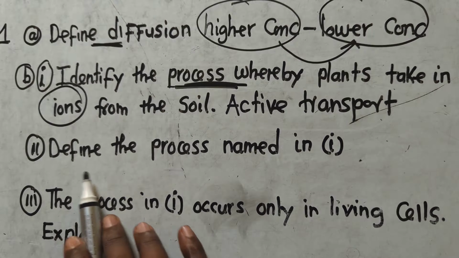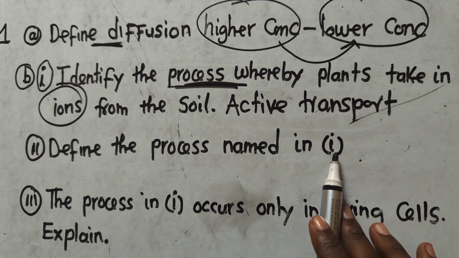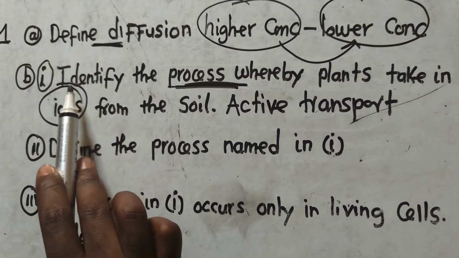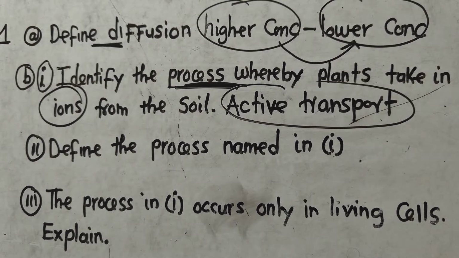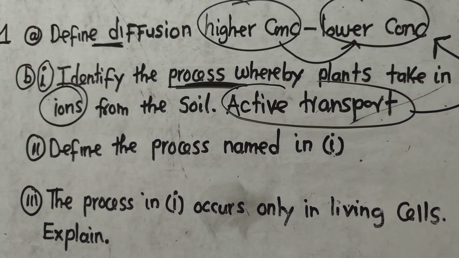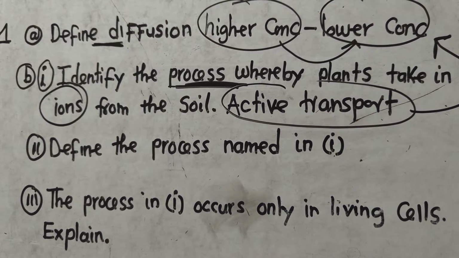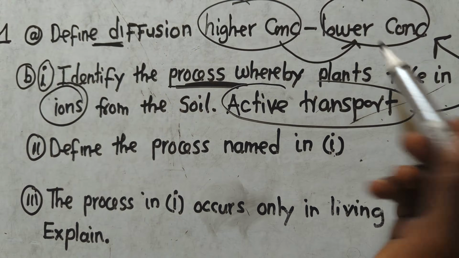Then this question is saying define the process named in 1. So this active transport, what is active transport? Before we give a definition, you need to understand that the way active transport happens, this one is against that. Whenever we talk of active transport, we are talking about a process by which energy is used to move particles of a substance against a concentration gradient.